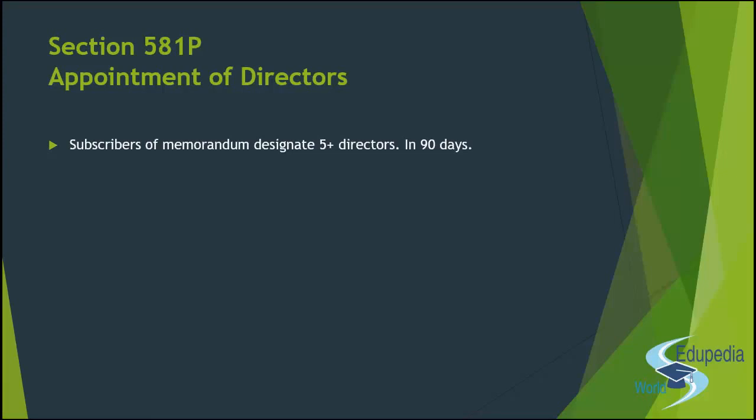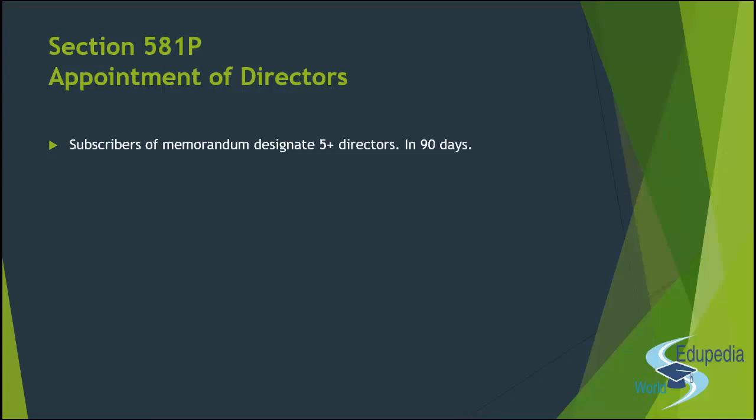Either you select somebody among yourself or somebody else, but you will have to say that these are the 5 people minimum who would be the directors of the company, until and unless the directors are appointed or elected in accordance with the provisions of the given section. Right? So subscribers of the memorandum would designate 5 or more than 5 directors within 90 days.